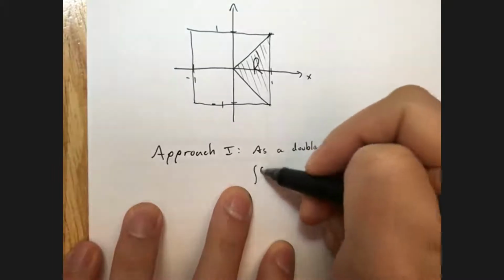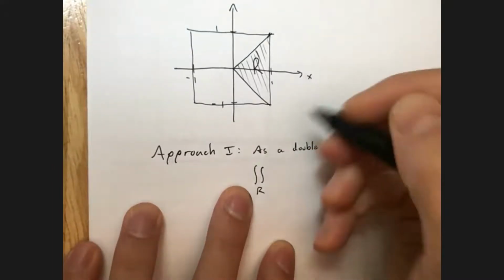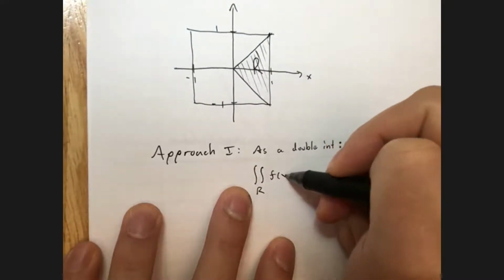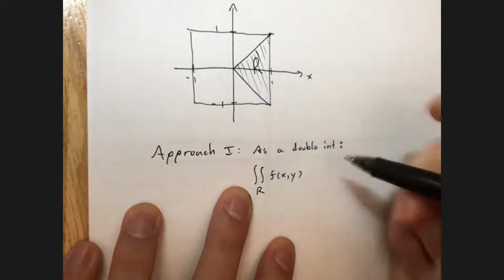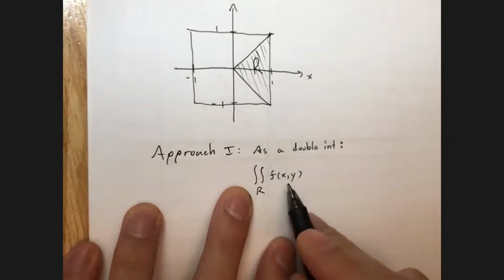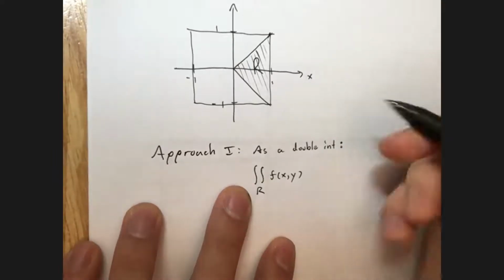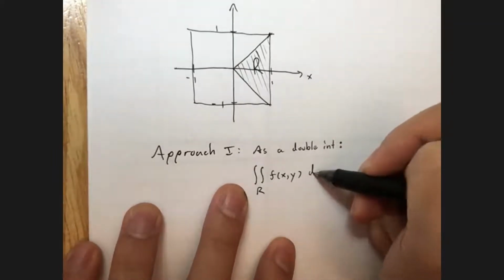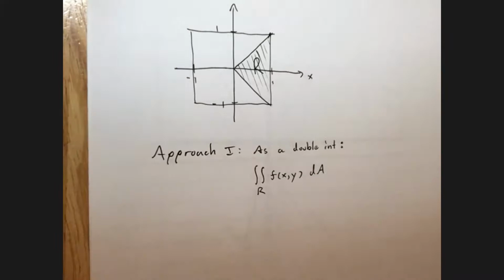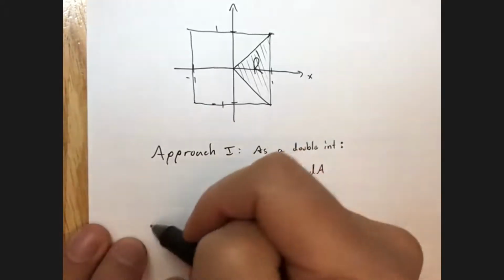I'm going to integrate over R of the function of xy, and that function of xy is the height of my pyramid, right? So that's what gives it its 3-dimensionality there. And I'll just do this double integral. Of course, we are in the section involving triple integrals, so let's do it that way instead.